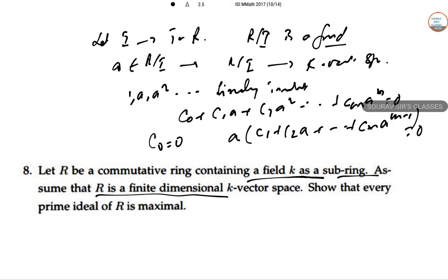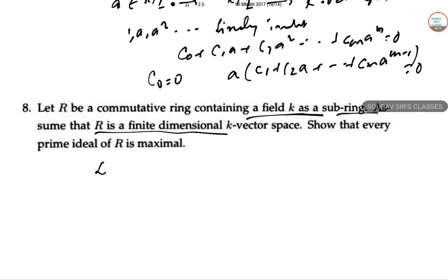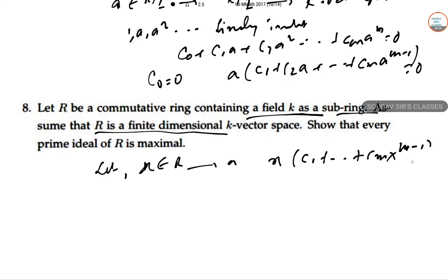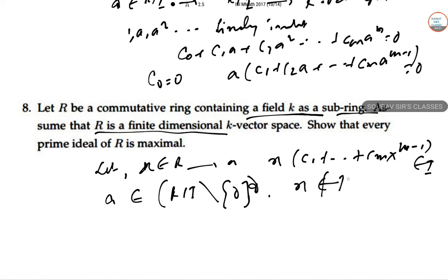Now, we just proceed. Let x belonging to R be a representative of a. So obviously x times (c1 plus up to cm x to the power m minus 1) also belongs to I. Now a belongs to R by I, hence x does not belong to I, and the ideal I is prime.